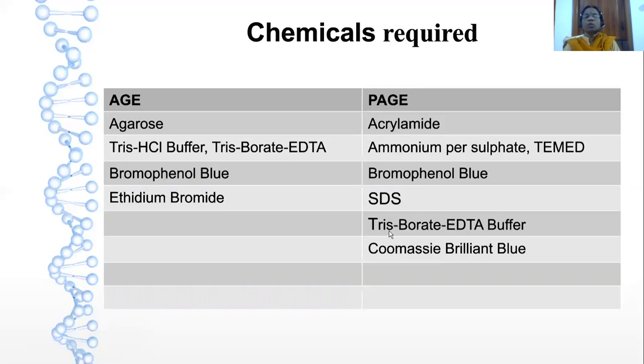In PAGE also we can use the tris-borate EDTA buffer. What matters here is the desired pH at which our molecule can be resolved, so we need to check the pH of the buffer for our desired molecule.